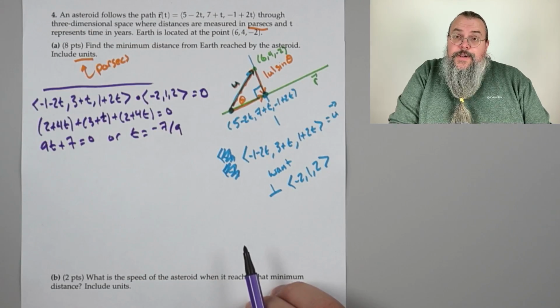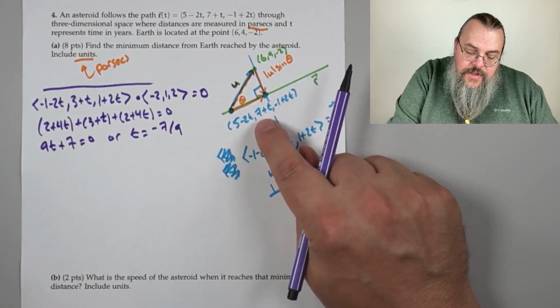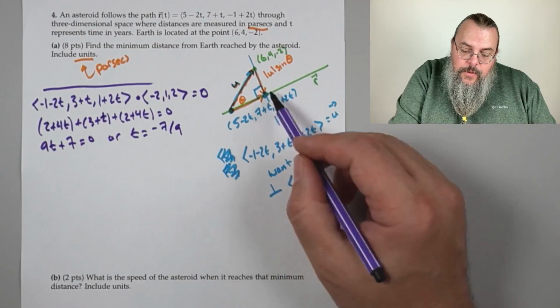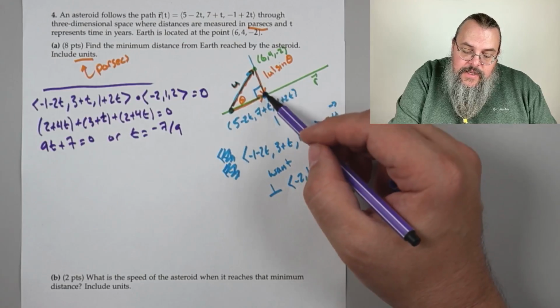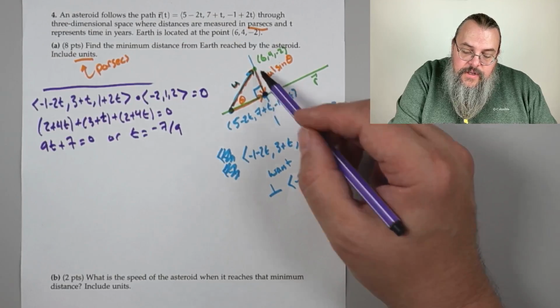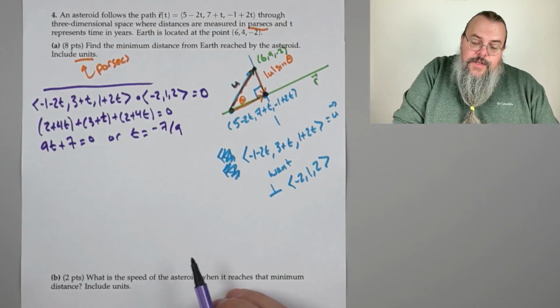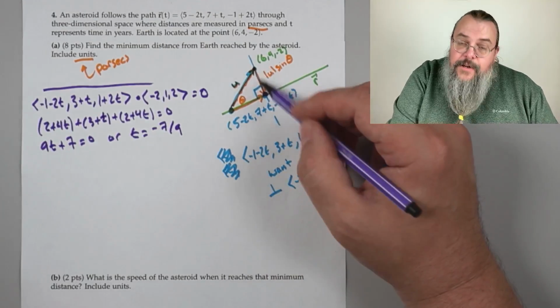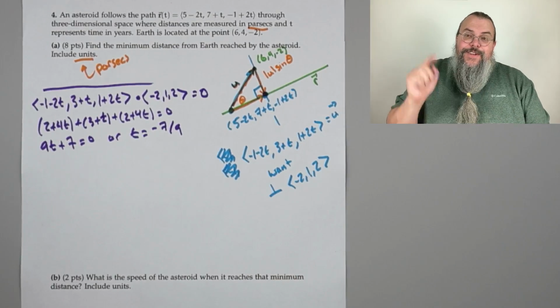Now, what happens next? When you plug in t equals -7/9, that will say where this point is. What do we need to do? We need to find the distance from this point to that point. How do we do it? We can find the vector between them and find the magnitude. Good news, there's a shortcut.